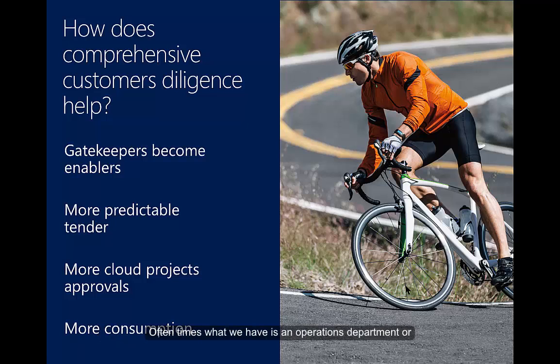Oftentimes, what we have is an operation department, maybe the HR department or the sales department. They want to move to the cloud and they work with perhaps the CIO office to figure out what the product features and requirements are and how much they're willing to spend and a bunch of other things.